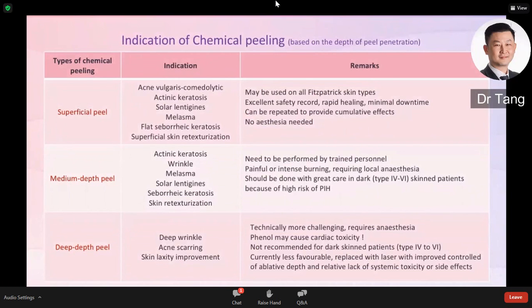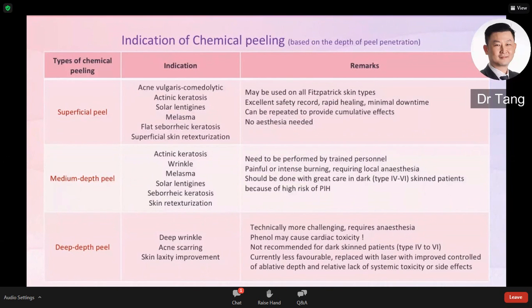Superficial peel is the commonest peel done by most clinicians, and it may be used on all Fitzpatrick skin types because it has an excellent safety record. It has a rapid healing process with minimal downtime, and it can be repeated to provide cumulative effects, and there is no anesthesia required.